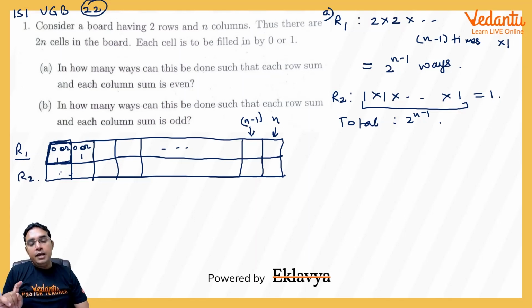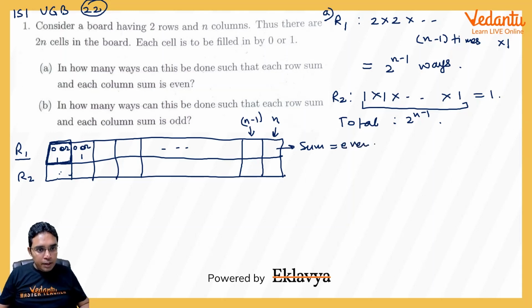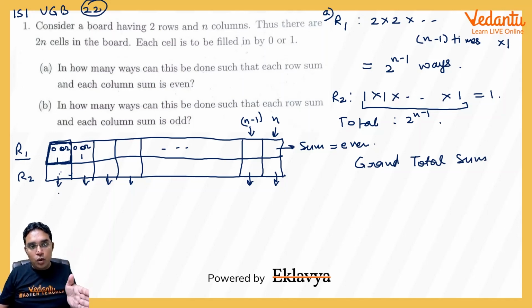But please understand, this will be automatically taken care of, because in row 1 the sum is already even, and the sum in all the n columns is even. The grand total sum, which we can calculate by adding the totals of columns which all are even, has to be even only, isn't it?